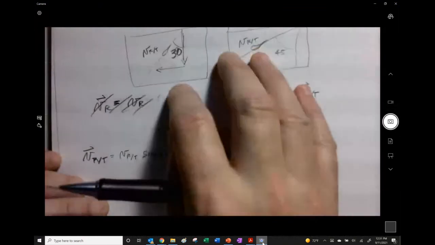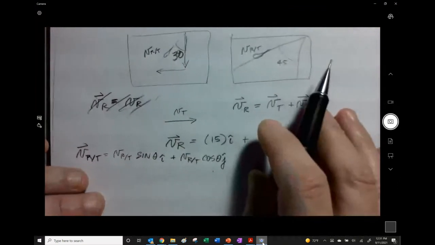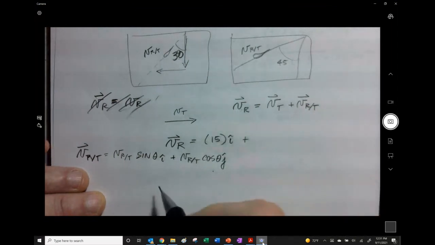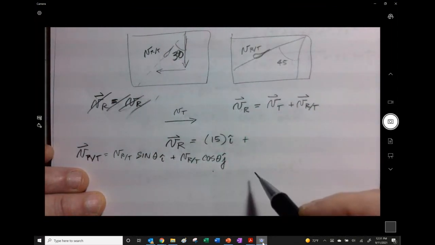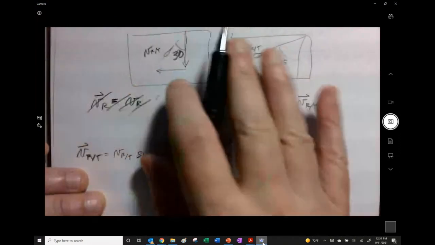This is a relative motion problem. I don't think we've done enough. I wish we had done more vector triangles, because they're really important.